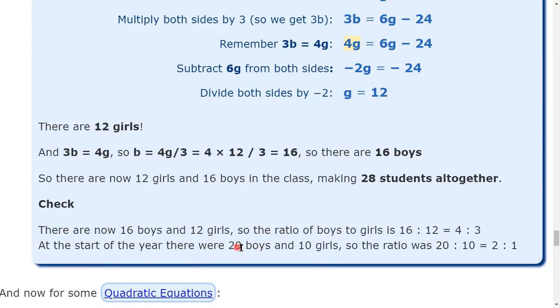The 4 boys were there at the beginning of the year, 20, and now I have 12 girls, so at that time 10 girls. And if we put it in the ratio, we'll get 2 to 1. So exactly we are getting the same ratios. That's why our answer is absolutely right. So this is all about the ratio question.